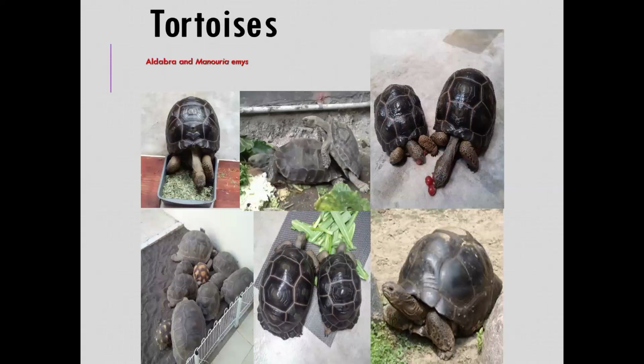Then this one is an example of Aldabra and Manouria emys. Manouria emys is a species of land turtle or tortoise that lives freely in Southeast Asia and is native to Indonesia, but it is critically endangered, so it is criminal to shoot and hunt them in the wild.